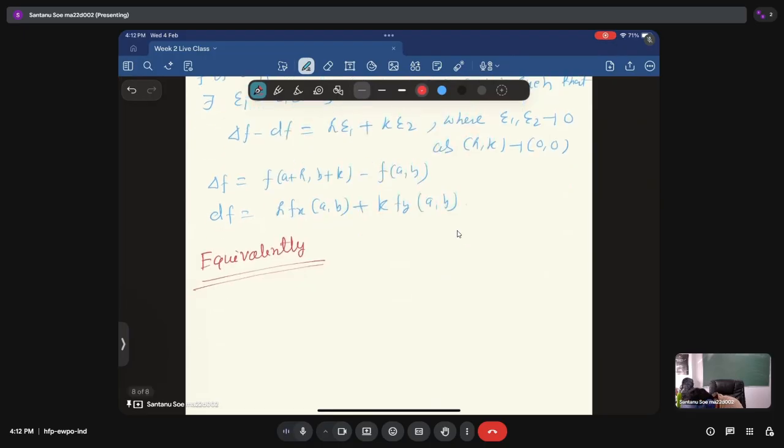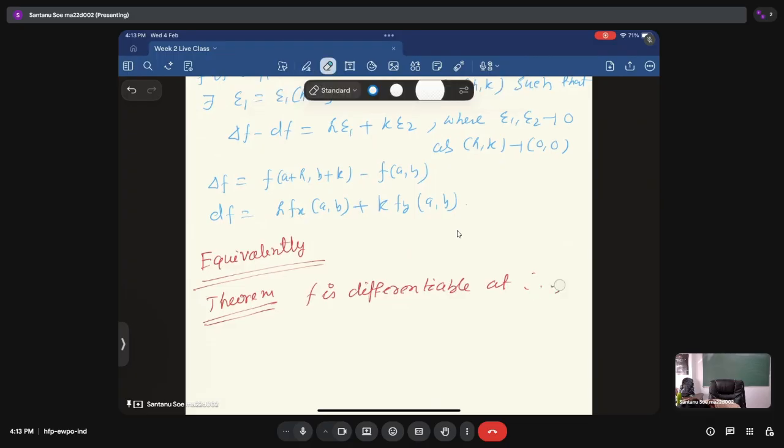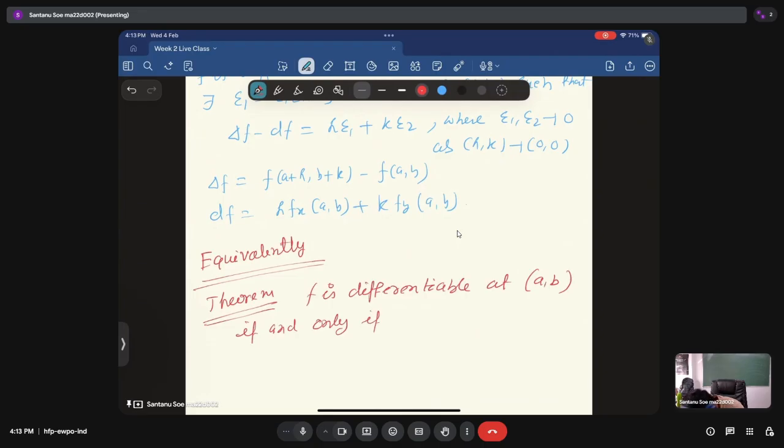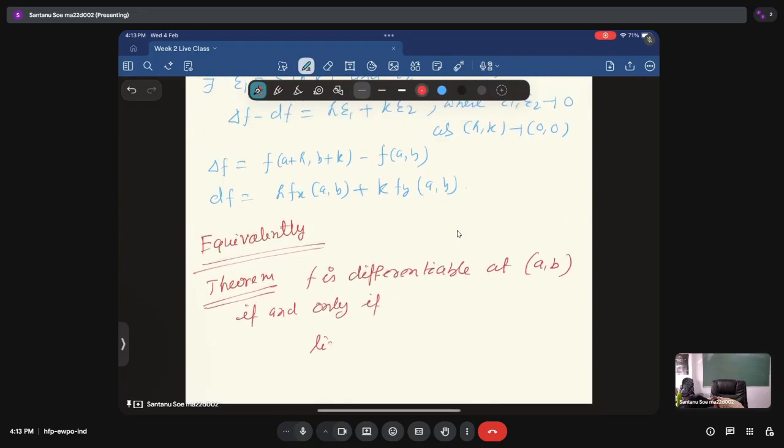And the definition is given like this. So it's just kind of a theorem. So f is differentiable at (a, b) if and only if the limit as (h, k) tends to (0, 0) of (del f minus df) divided by square root of h square plus k square is 0.